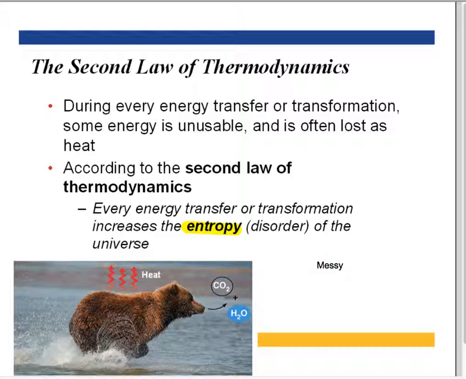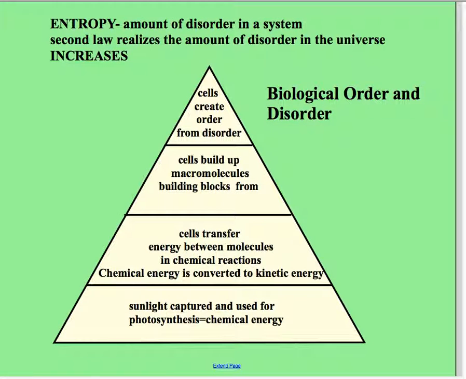For the most part, when we talk about biological order and disorder, cells are constantly creating order from disorder. Think of your drawing of a cell and how we drew all those little organelles in it, but those organelles were actually made up from your macromolecules.